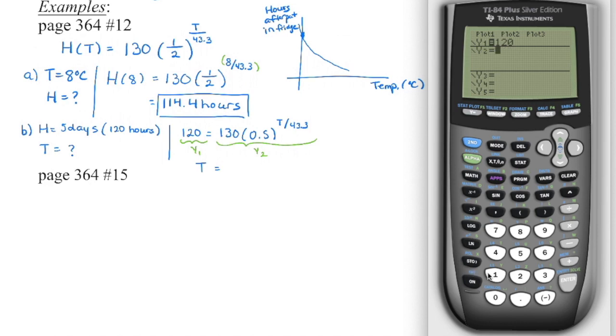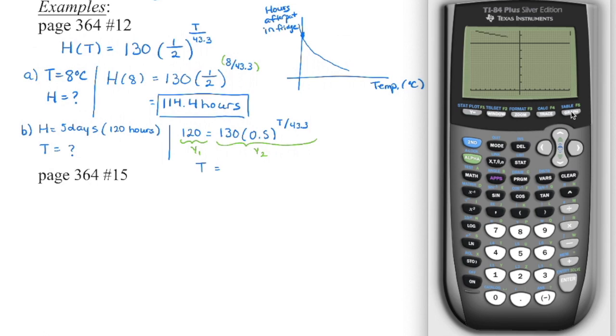On the right side, we're going to have 130 times 0.5 to the power of, and again, most of you are going to need brackets on this. We're going to have the variable, and then divide that by 43.3. Please do this with me to make sure that you can enter this into your calculator and get the correct values. Now take a look at the graph, and again, we're looking for that point of intersection.